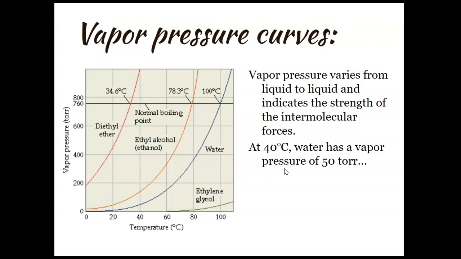So let's look at this. At 40 degrees Celsius, water has a vapor pressure of 50. How do we know? Well, here's 40, I go right here, go over, it's about 50.